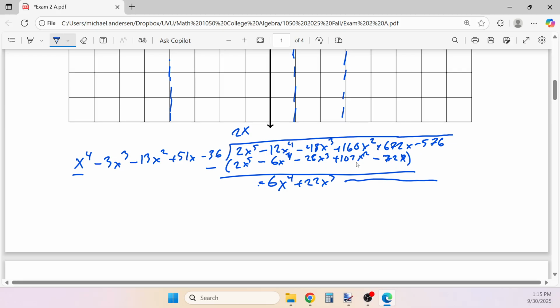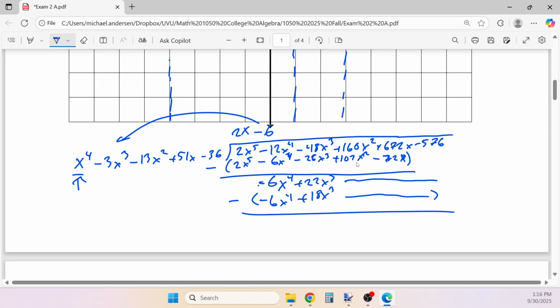We don't really need any of the other terms because the next step is to say, well, how many times does x to the fourth go into negative 6x to the fourth? It goes in negative 6 times. Negative 6 times this gives us negative 6x to the fourth plus 6x to the third, and we don't really need the subtraction. Everything else is going to be degree 3 or lower. You don't need to.